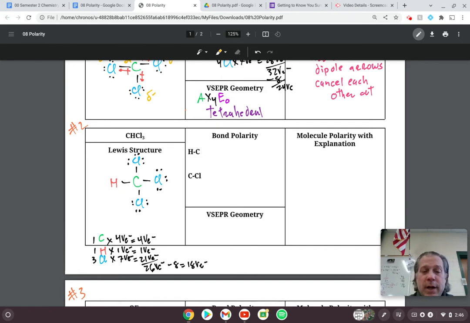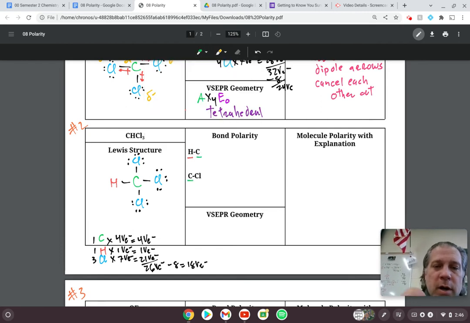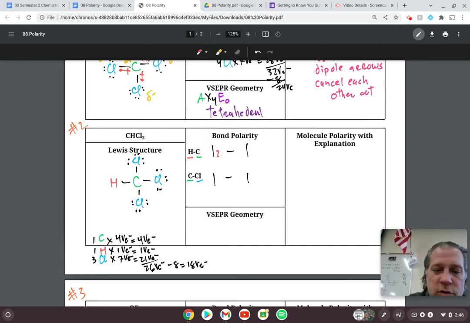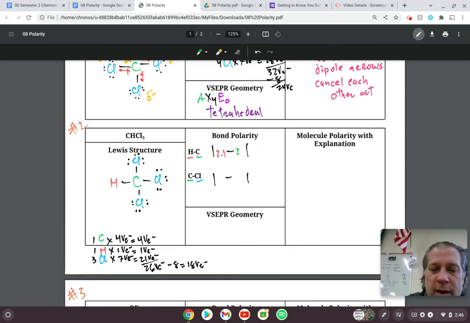Okay, now the next thing we need to do is identify bond polarity. So I see that I have hydrogen and carbon and chlorine. So I'm going to set up my little formula here so I can solve those real quick. According to the periodic table, hydrogen has an electronegativity of 2.1 and carbon has an electronegativity of 2.5.